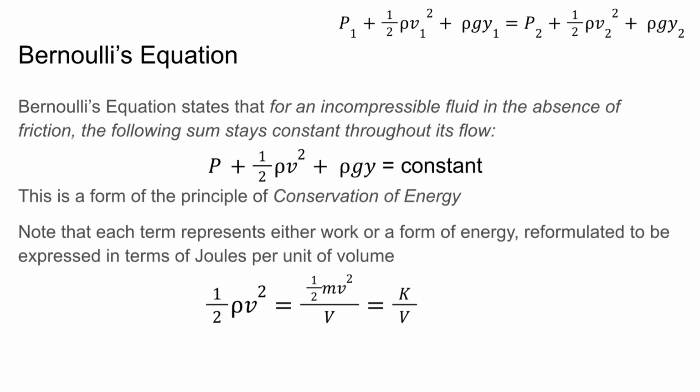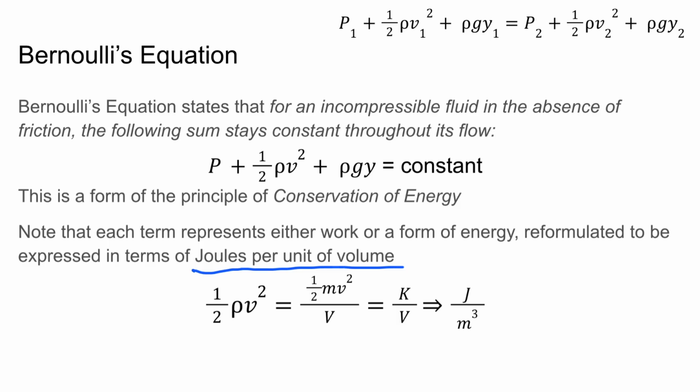So we're taking our kinetic energy divided by our volume, which we would express with kinetic energy in joules and volume in meters cubed. All of these terms we could do the same thing for, and we'll find that each of them is in joules per unit volume because, remembering how we made them, each term came from either the work, which is in joules, or the kinetic energy expressed in joules, or the gravitational potential energy expressed in joules. But all of them we divided by volume when we simplified this equation.